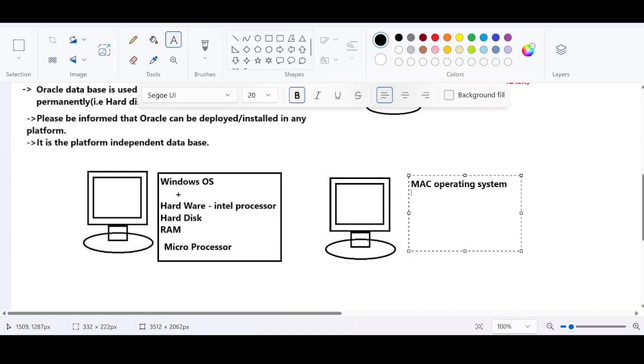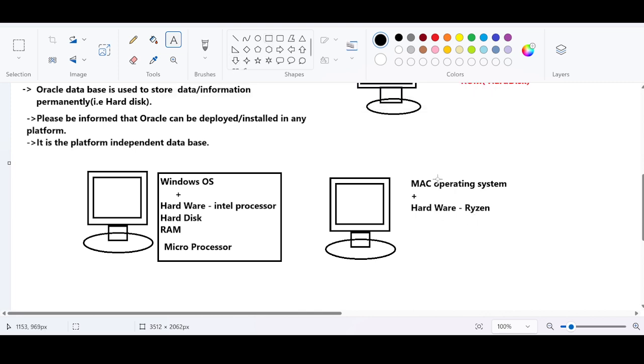And he might give the hardware specification according to the Mac operating system, something like Ryzen processor or Mac processor, whatever it is. The combination of the operating system and the hardware components is again a platform. If you ask whether this platform is the same as that platform, no, both are different platforms.